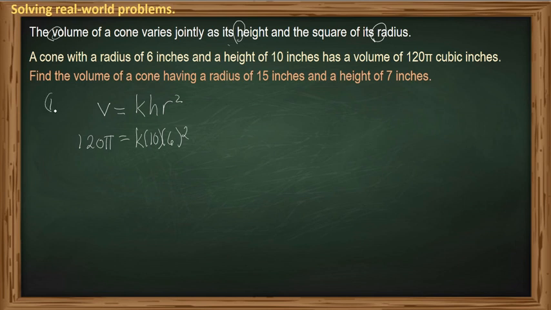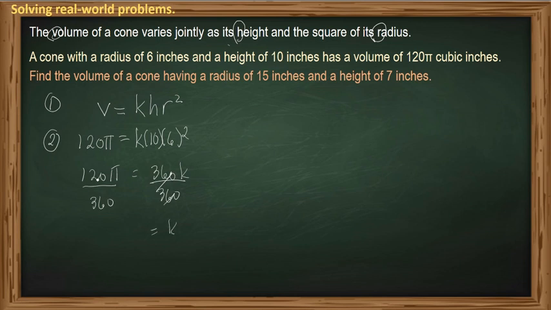So step 2 is determine the constant k. So we have 120 pi is equal to 6 squared is 36. 36 times 10 is 360k. Dividing both sides by 360, so we will get k.